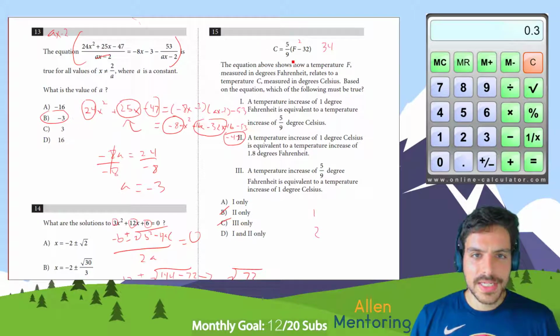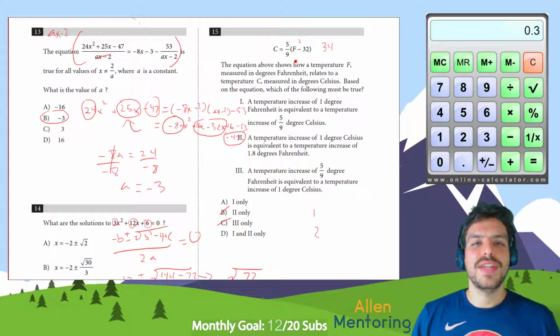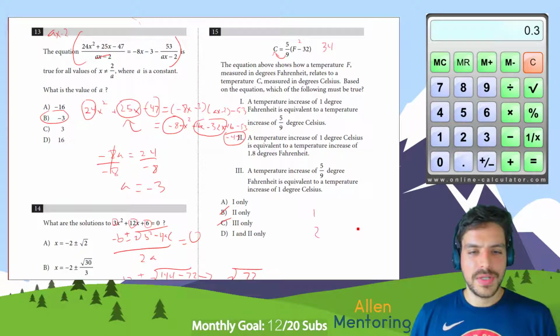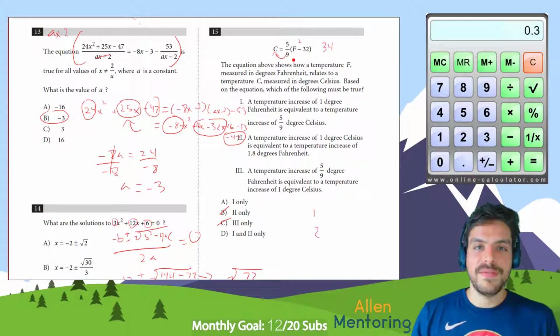In this case, C is equal to 5/9 (F minus 32). If I bring this 5/9 to the other side, I would divide both sides by 5/9, because we want to do the opposite to both sides.